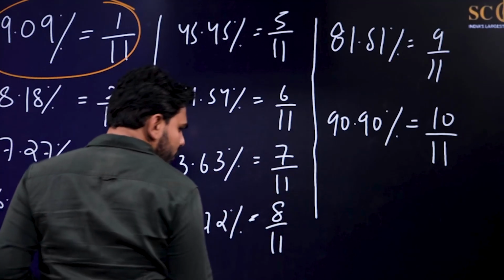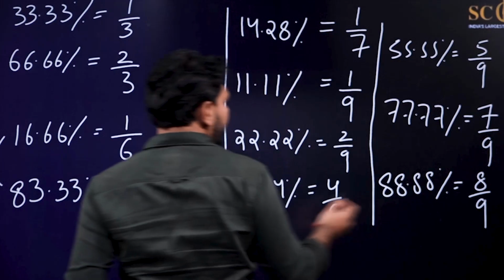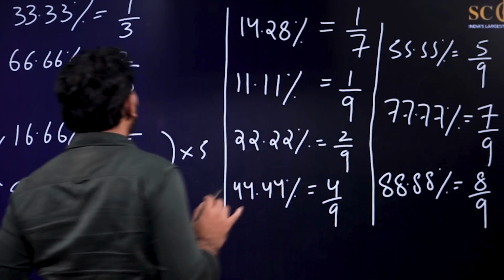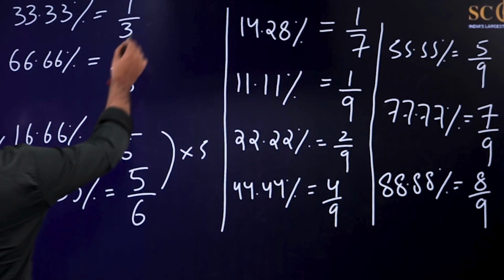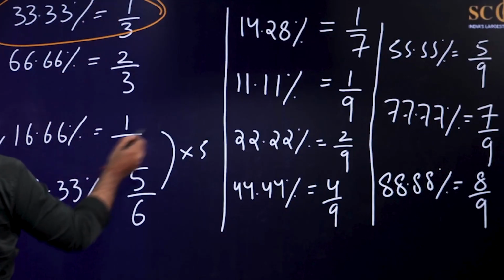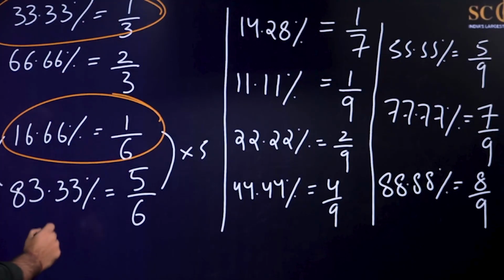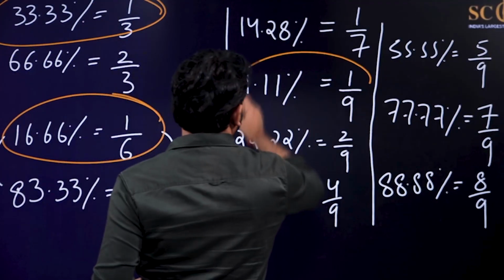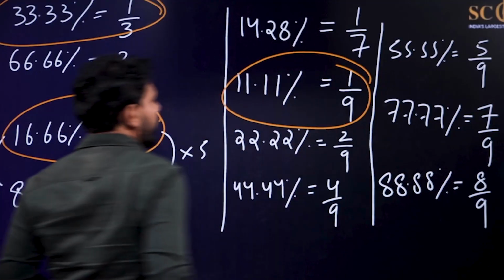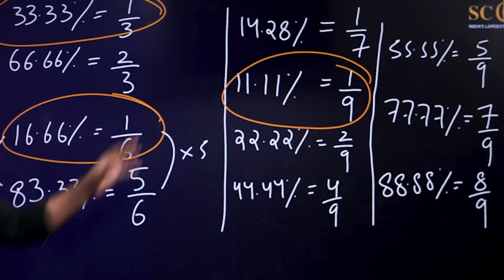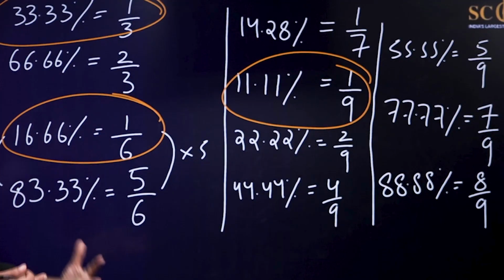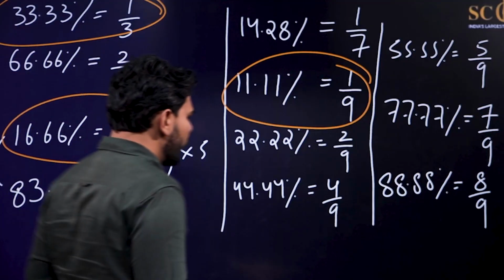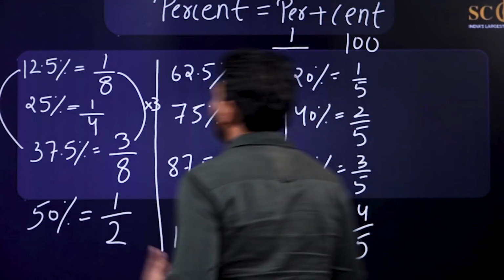Also, in the previous slide, you can just remember this value, this value, and this value. If you remember these three values, other values will automatically be remembered. There is no issue, I don't have to remember all of these values.